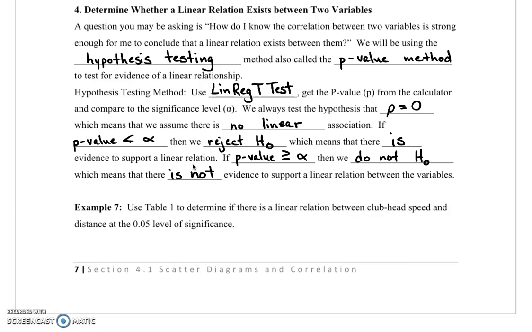So using the data from table 1, which we keep using, we're going to determine if there's a linear relation between club head speed and distance at the 0.05 level of significance.